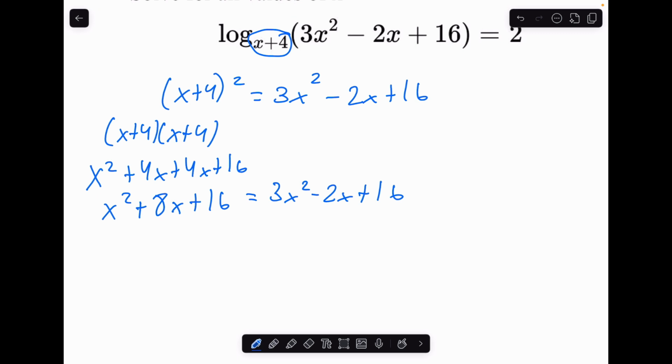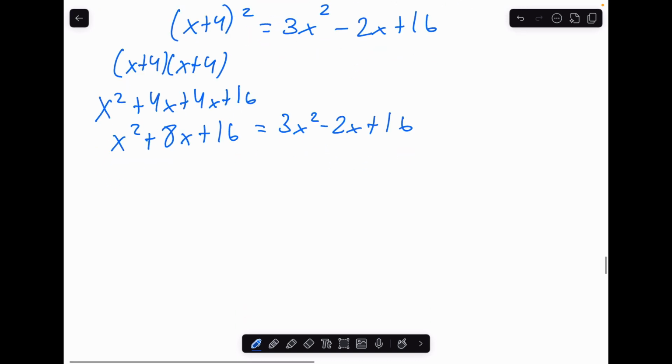At this point, we've simplified the left-hand side. We can clearly see we've got a quadratic here, so what I recommend doing is getting everything on the same side and attempting to factor. So we go minus x squared, minus 8x, and minus 16.